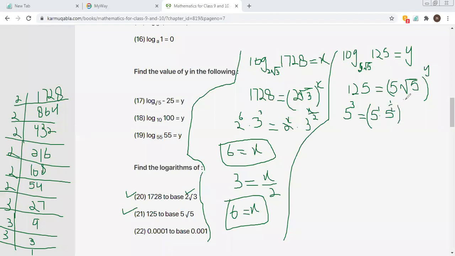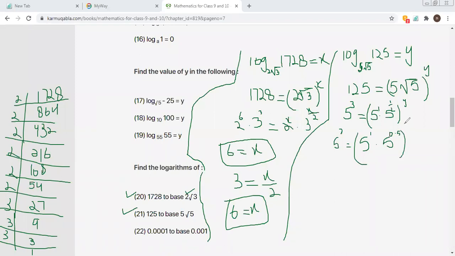And then when you add the powers, it becomes 3. When you divide 1 by 2, it becomes power 0.5. What will this power become? 0.5.